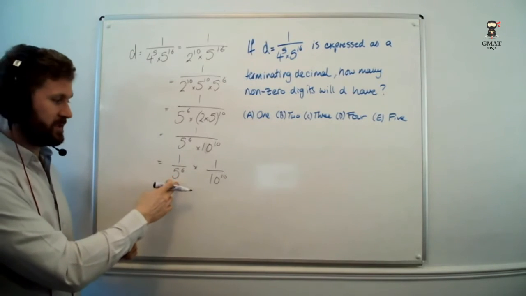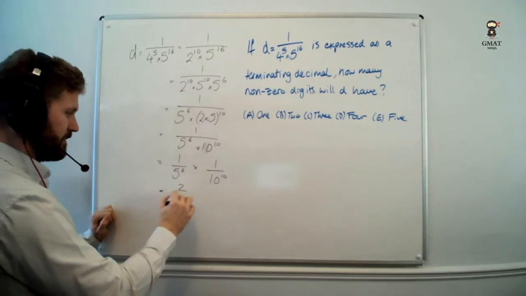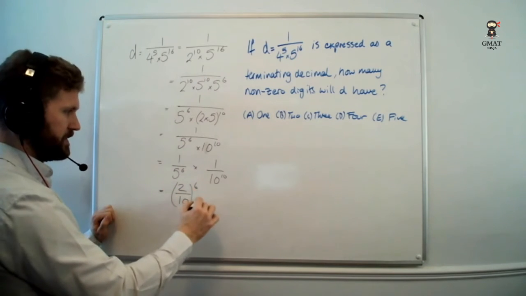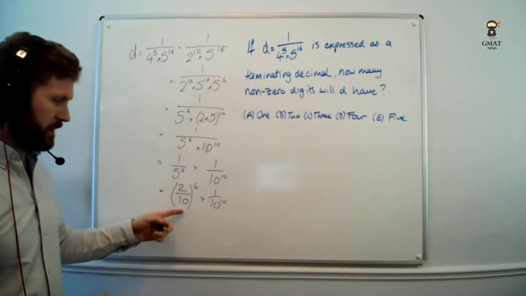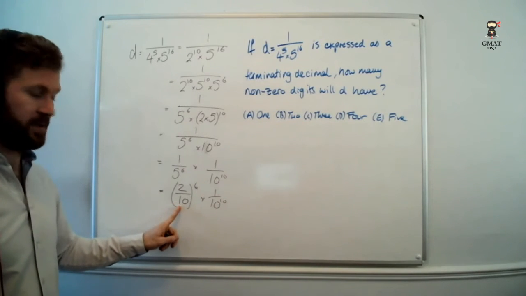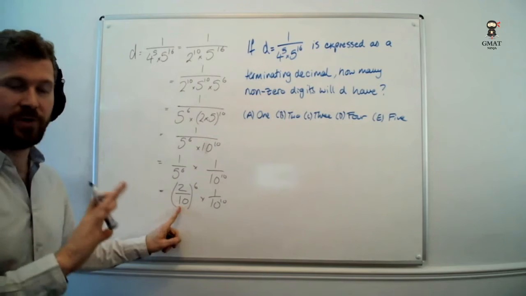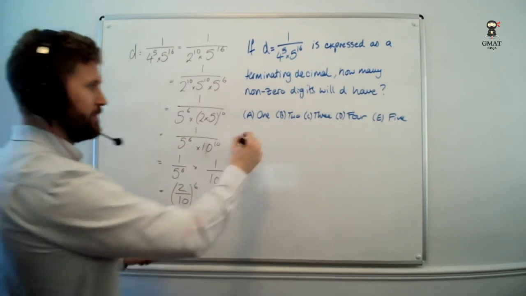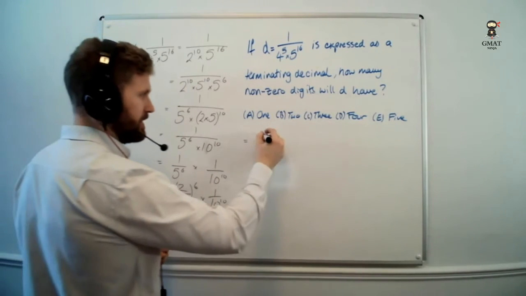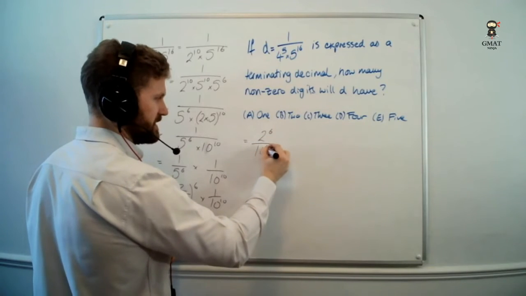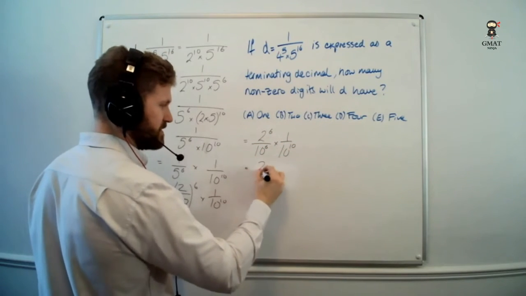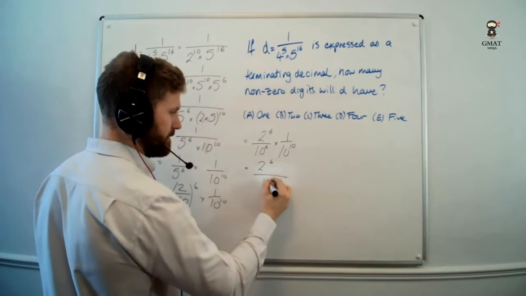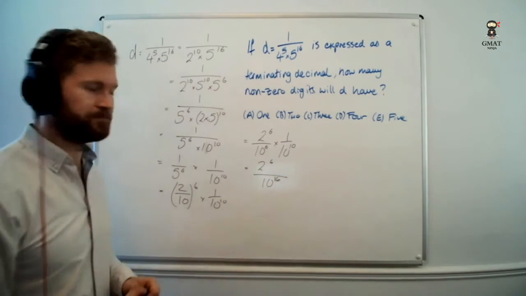I could rewrite this 1 over 5 to the 6 as 2 to the 6 over 10 to the 6. And I've got more 10s here that I can not worry about. I can push them out the way and not deal with them. So yeah, I could write this whole thing as 2 to the 6 over 10 to the 6 times 1 over 10 to the 10, or rewriting this as 2 to the 6 over 10 to the 16.